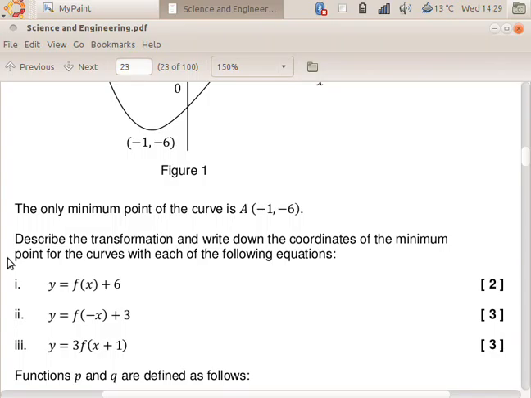So the point would be 1 and minus 3. Does it reflect? Yes. But it was 1 and 0. No, we use the original point. It doesn't carry down. We use the original again. And the last one? Expand 3 in the y, translate left 1 unit. So that would be minus 2, minus 18.